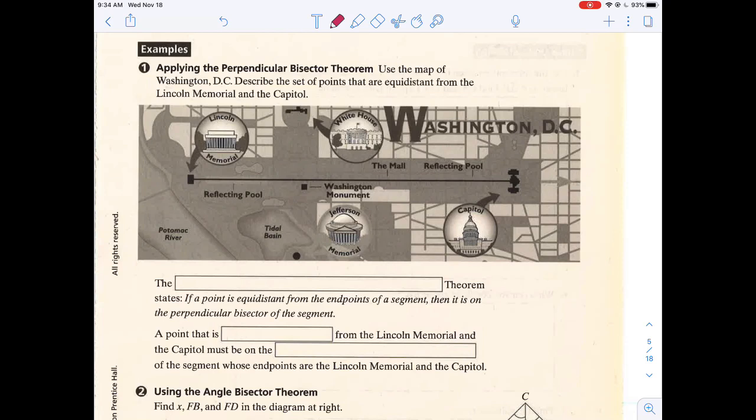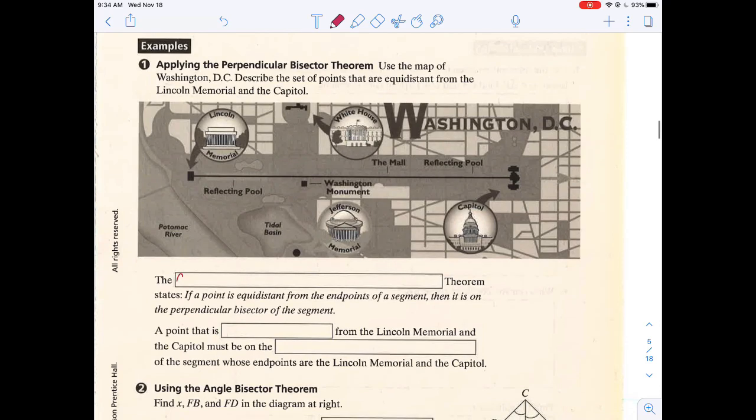So, the converse of the perpendicular bisector theorem states if a point is equidistant from the endpoints of a segment, then it is on the perpendicular bisector of the segment. So that's just restating what we wrote down earlier.